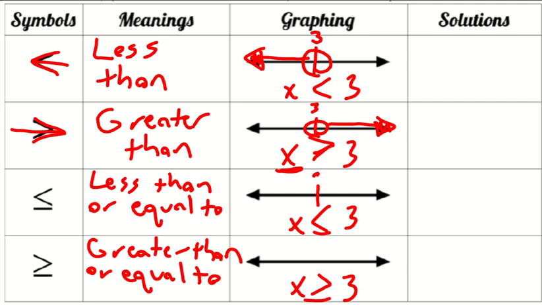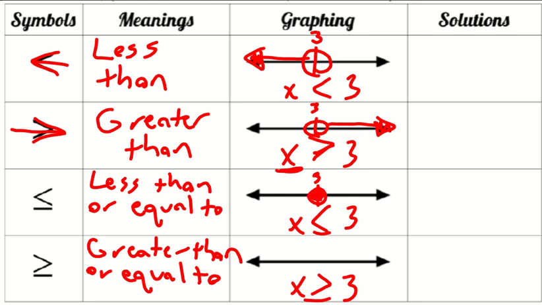All right, so we still start at 3 for less than or equal to. The difference when it has the line underneath, filled in circle. Okay? So no line underneath, open circle; line underneath, filled in circle.